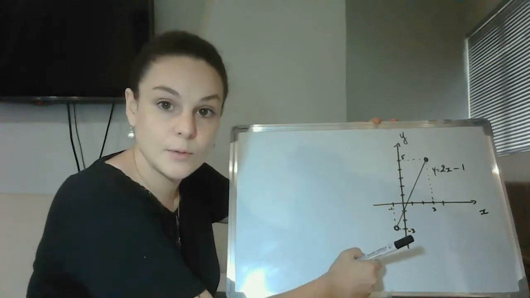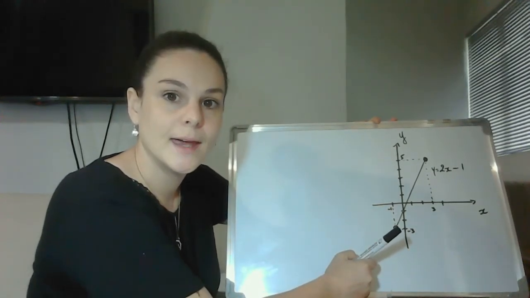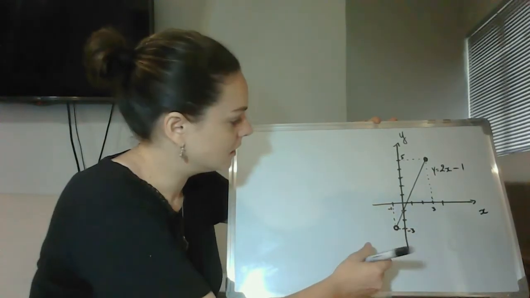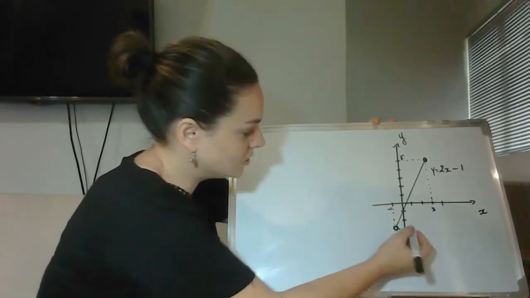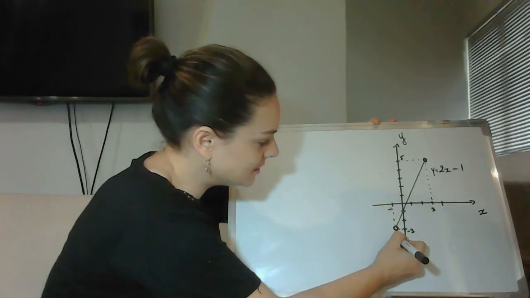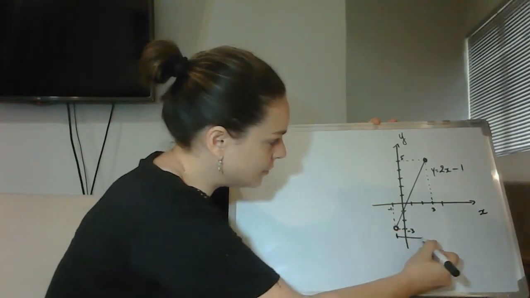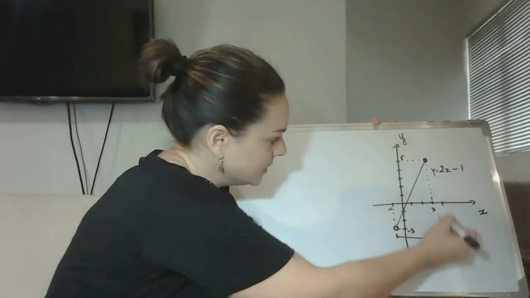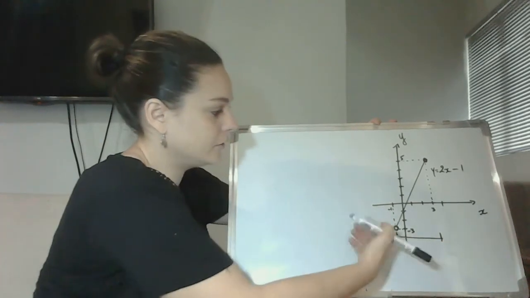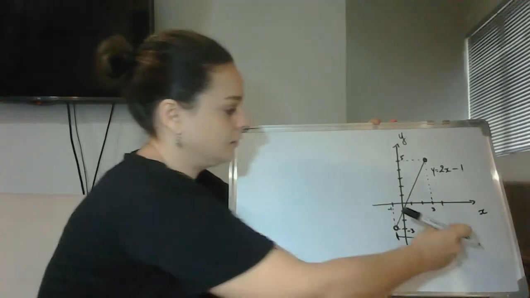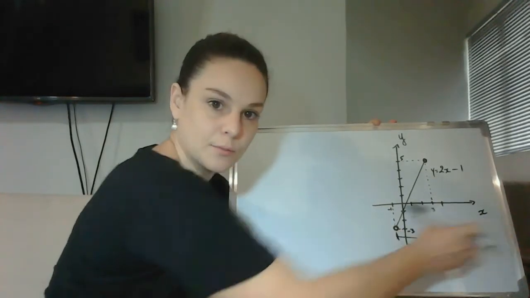The domain, like we said, is read on the x-axis. So where does the line exist? It starts here and it goes up to this point here. If I go left, I don't have lines anymore, and if I go more right, I don't have lines anymore.